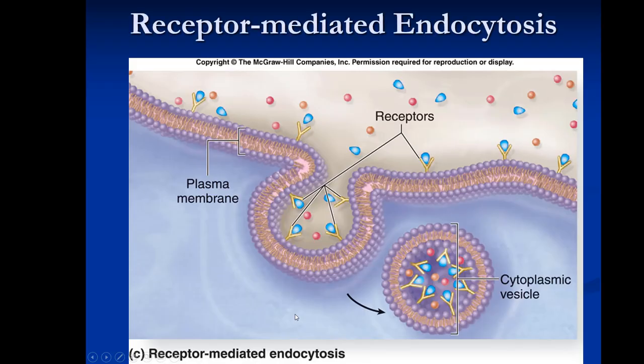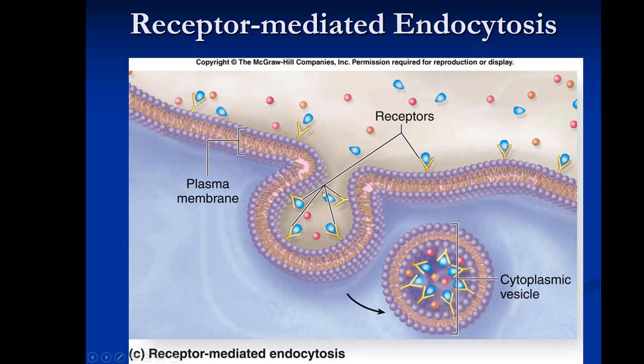Then this other example of receptor-mediated endocytosis. It's very similar to pinocytosis in that it kind of brings things into the cell. However, it's more specific. And so if you look at the surface of the cell membrane, there are these little yellow things. These are receptors, and they're very specific.